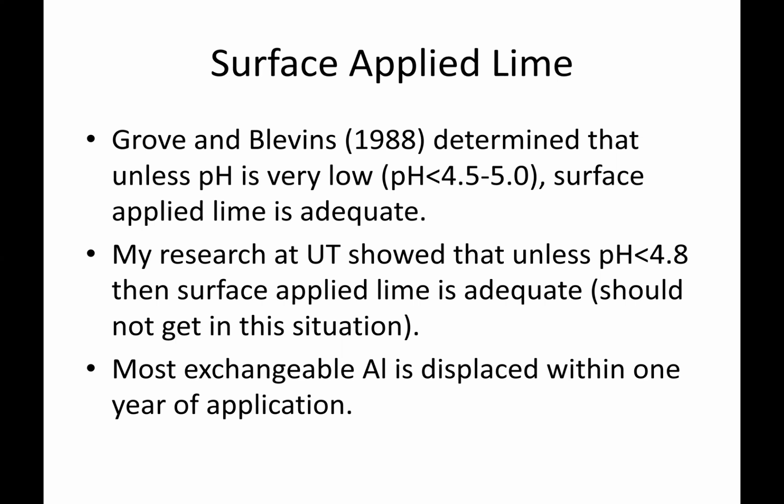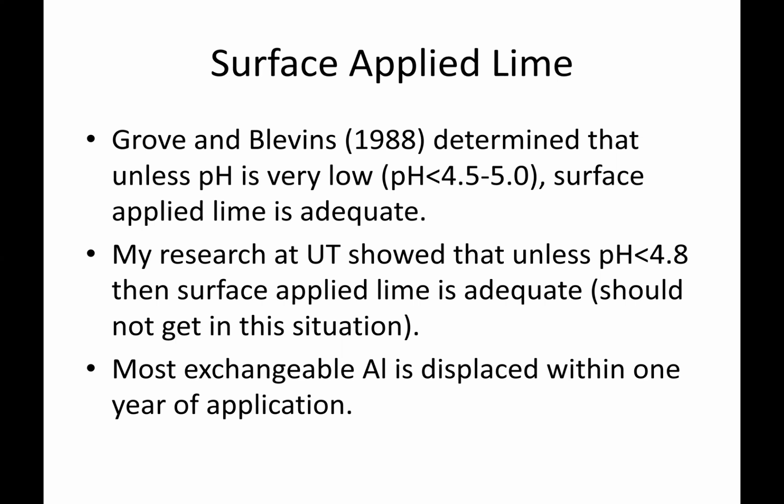Even though your pH might not change that fast, you're getting rid of one of the worst things associated with a low soil pH, which is exchangeable aluminum. That really messes up the root growth. It impedes the function of the roots to take up nutrients. And then if the roots aren't able to function properly, nutrient uptake doesn't happen as well.